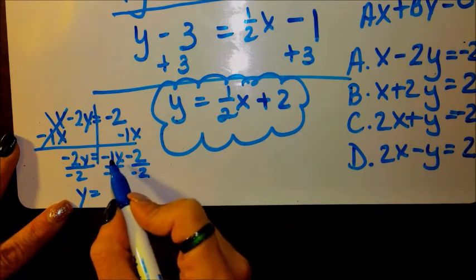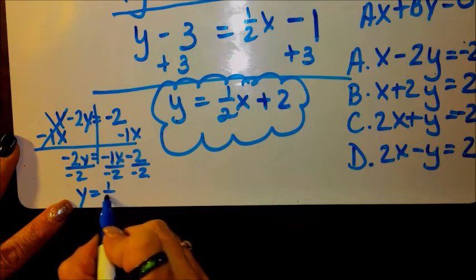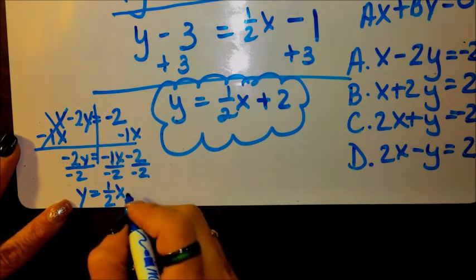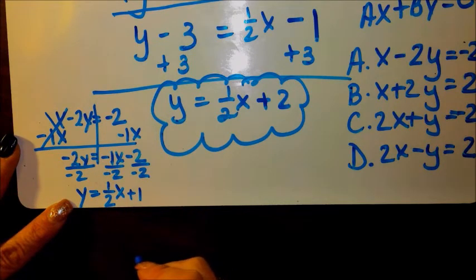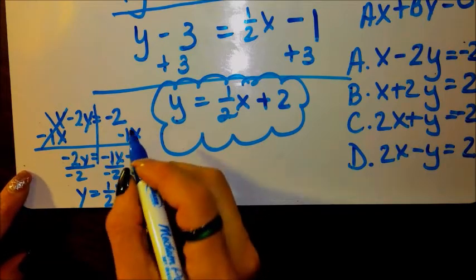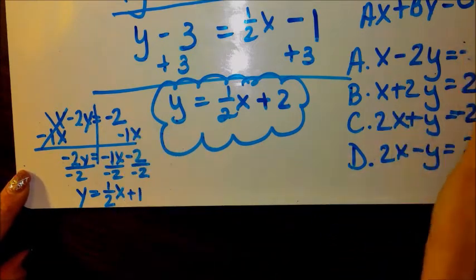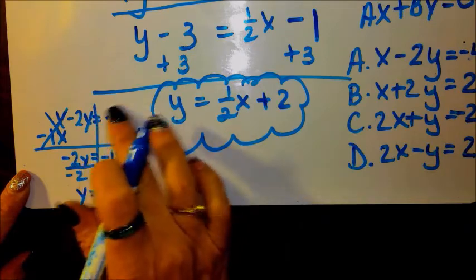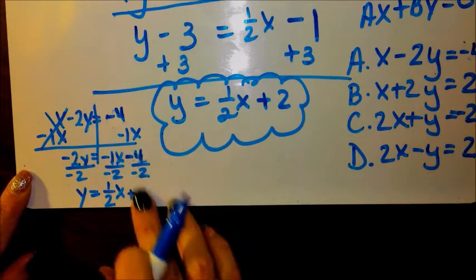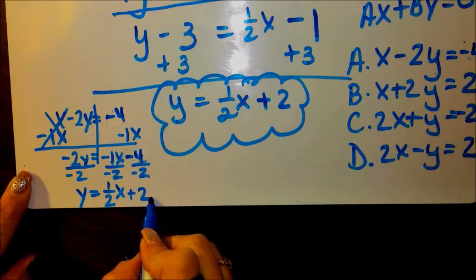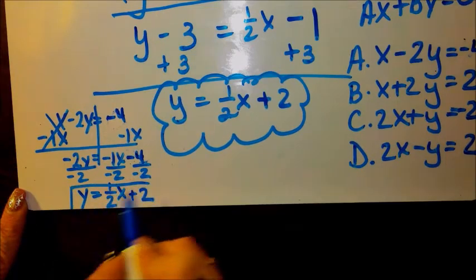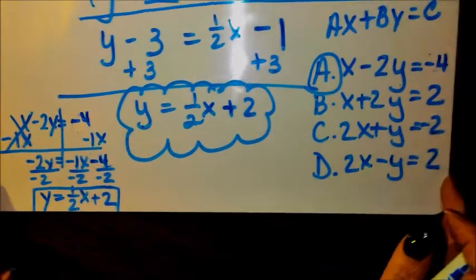So y equals negative over negative is a positive 1/2 x. Negative 2 divided by negative 2, oh I made that wrong, would be positive 1. Now my hope was when I made this one that I would actually make that right. So let me make this over here a 4. This is called cheating when you make it work. Negative 4, which makes that a positive 2. 1/2 x plus 2, 1/2 x plus 2, they match. And I would circle that A was my correct one.